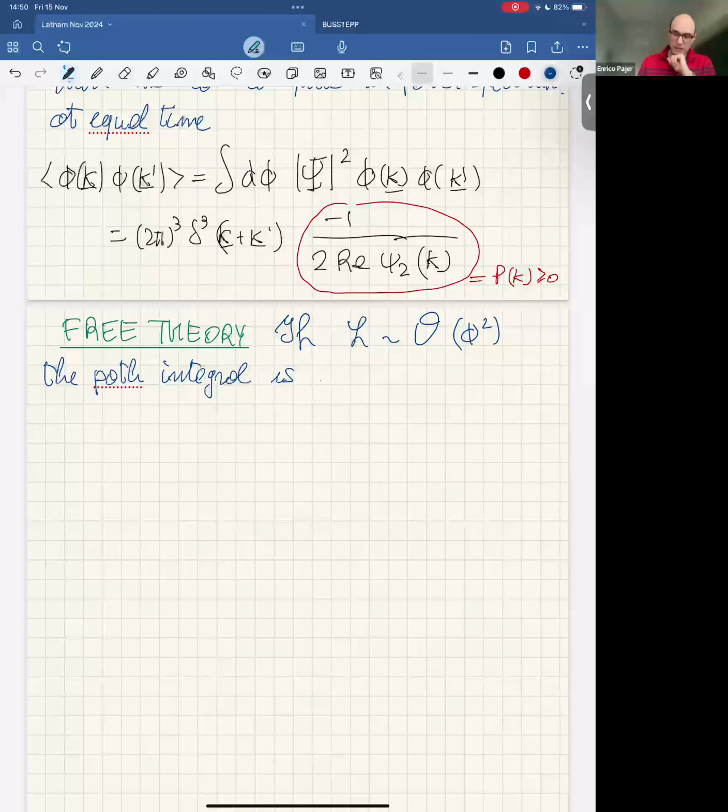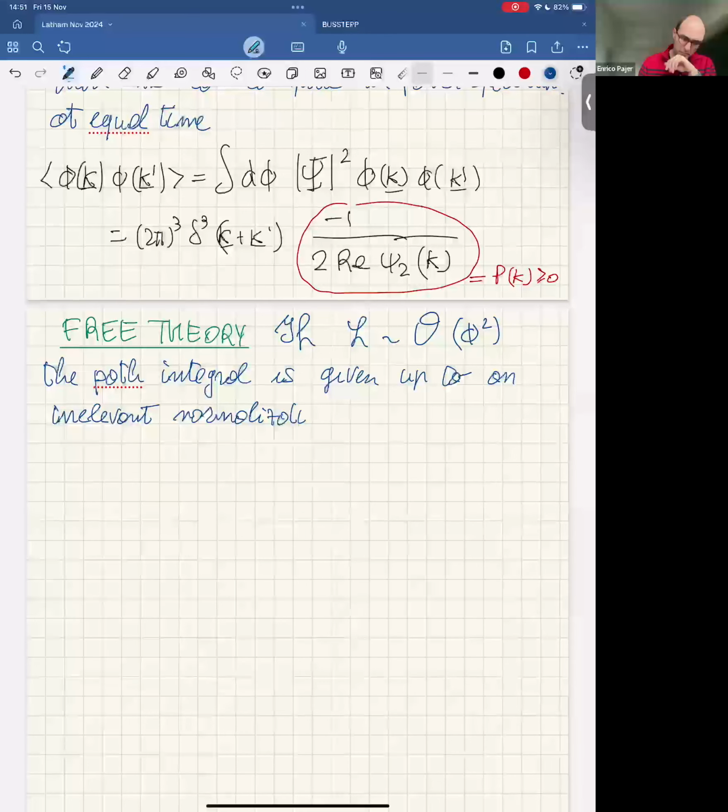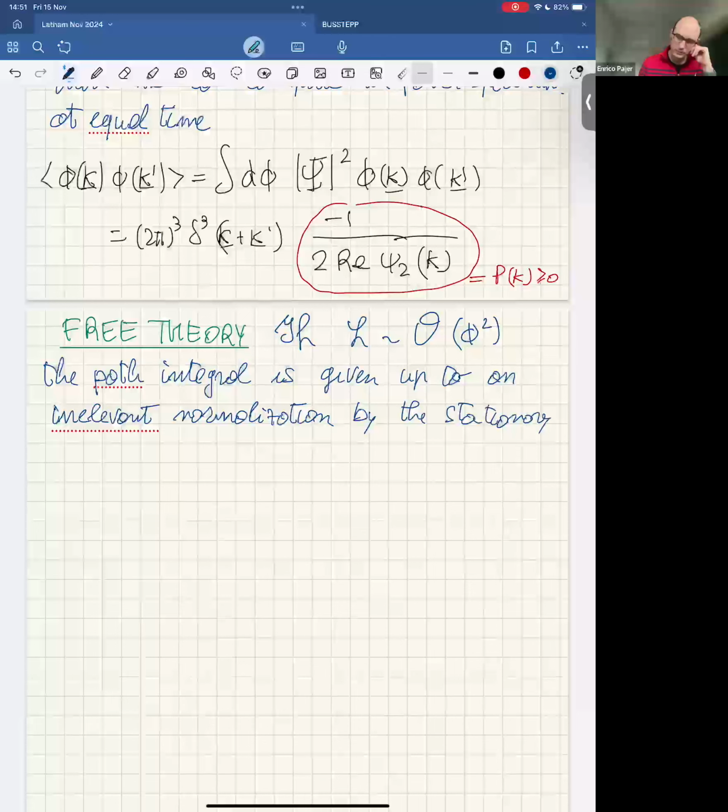So the path integral is exactly given, well, when I say exactly, I should say is given up to an irrelevant normalization factor, because we don't care about the normalization, because we always normalize the wave function. The stationary phase is not an approximation.